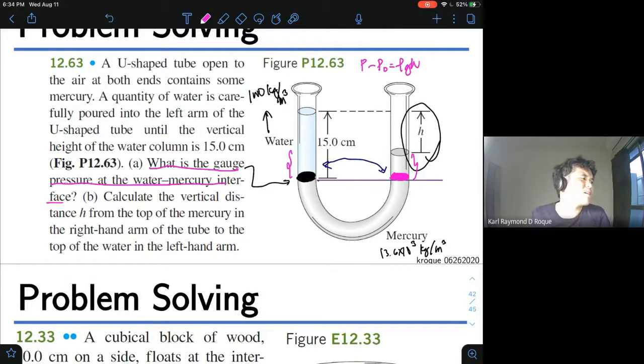147,000? Can you check your units? Baka may hindi ka kinonvert. Hindi mo kinonvert yung height to meters. Megan, check mo. Hindi mo yata kinonvert to meters yung height. Ah, yun. Okay. Good job. Ayan, sige.